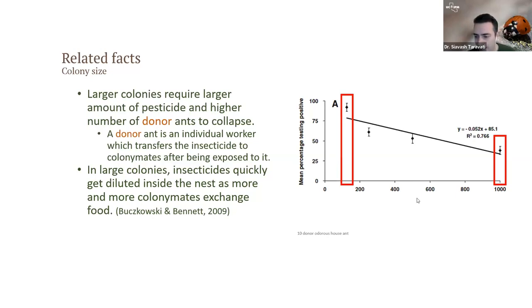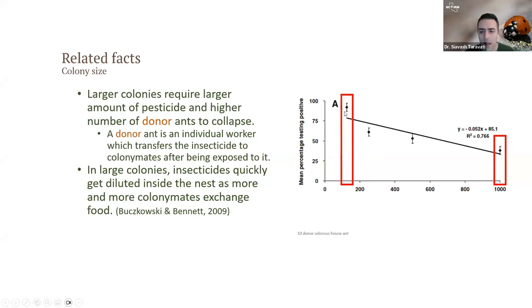If you look at this graph, it's not the simplest graph, but I'll try to make it as simple as I can. The red box on the left is the experiment in which they released 10 donor ants among 100 individuals of ants, so a very small colony.